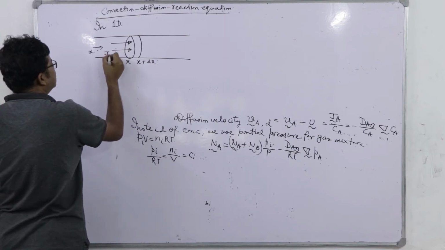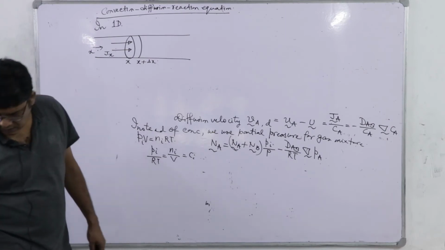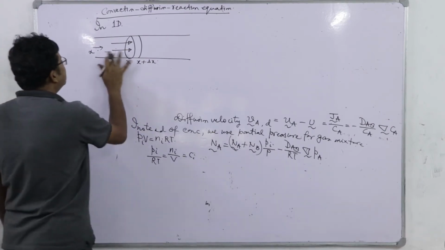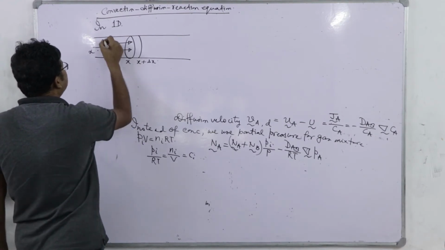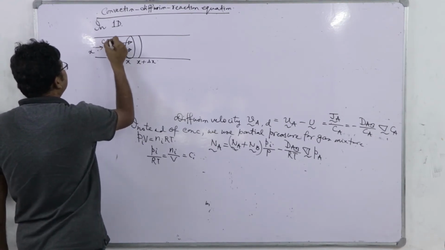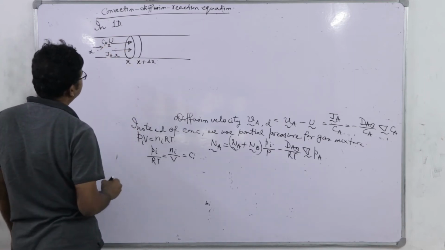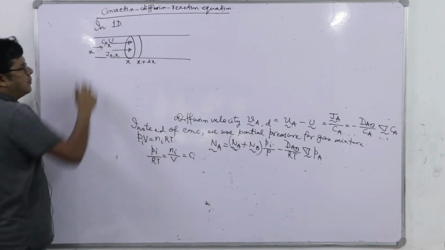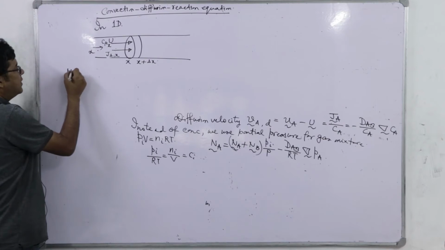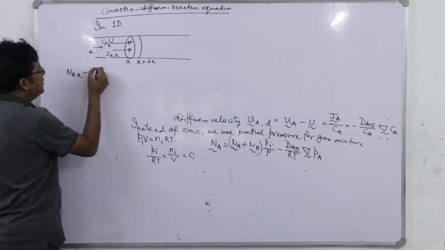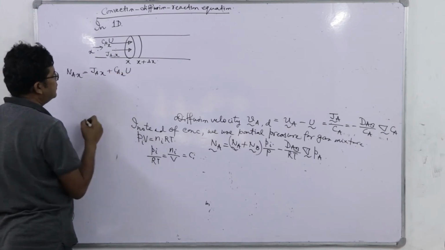So, diffusive transport is Jx, right, of this component what I have written A. So, Jax, and here it is Ca into U or Cax into U, right. So, you see if I combine these two, we are actually getting Nax, because Nax is Jax plus Cax into U, right.